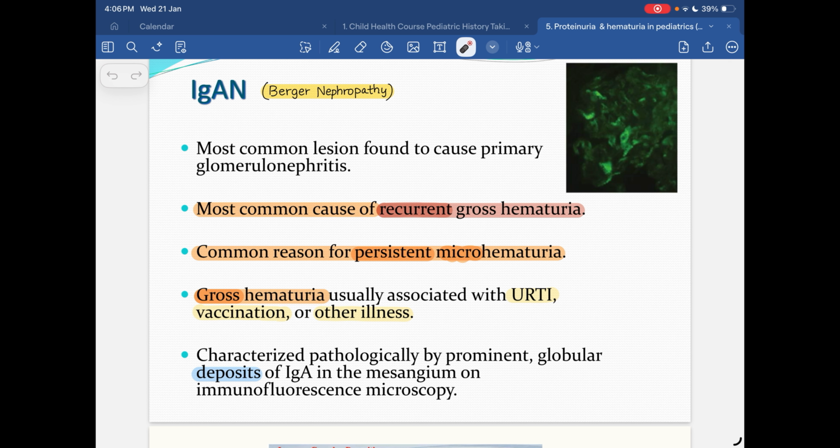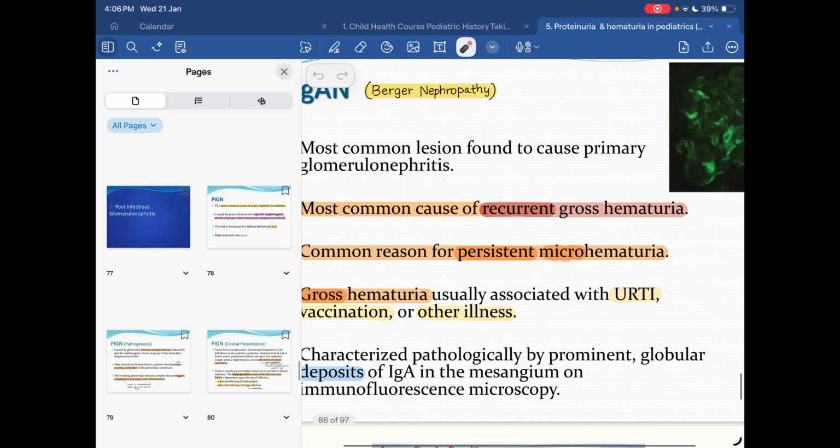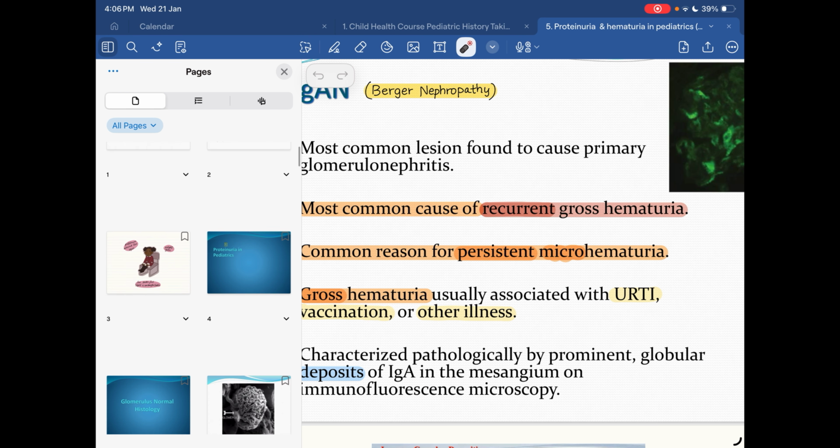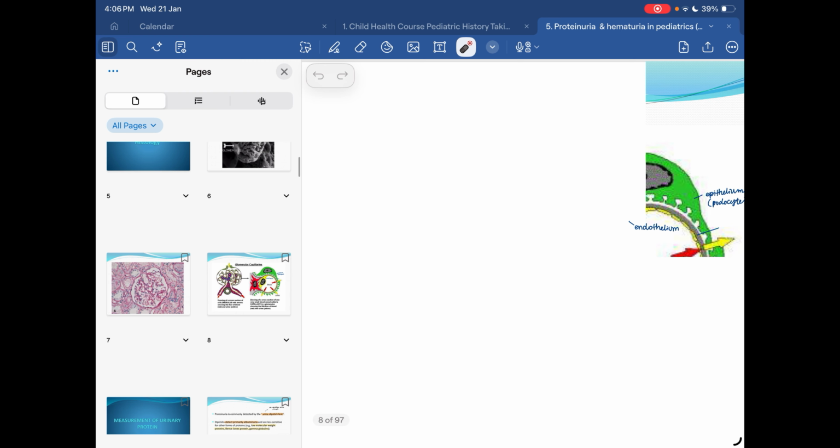It's characterized pathologically by prominent globular deposits of IgA in the mesangium on immunofluorescence microscopy. So what is the mesangium? بطلع لكم الصورة بسرعة. Over here.